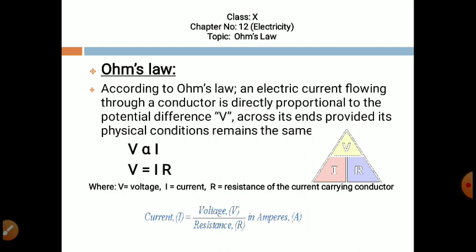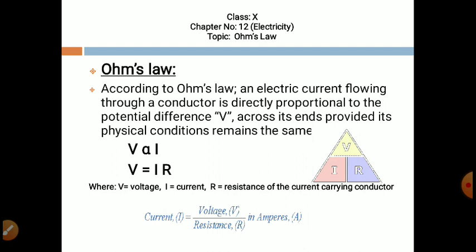What are the physical conditions? Pressure, temperature, etc. If these physical conditions remain constant, then the current flowing through the circuit is directly proportional to the voltage applied across the circuit.